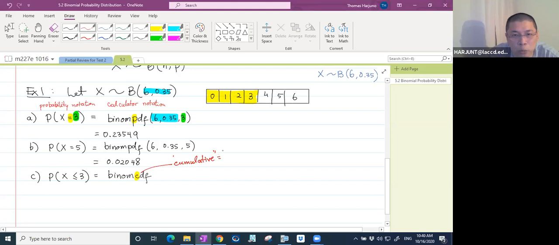It means up to. In this case, it's up to 3, including 3. Now, the calculator notation will be binom CDF, n, p, and cumulative up to 3. The first two entries are the same, and then the last entry is what it is up to.